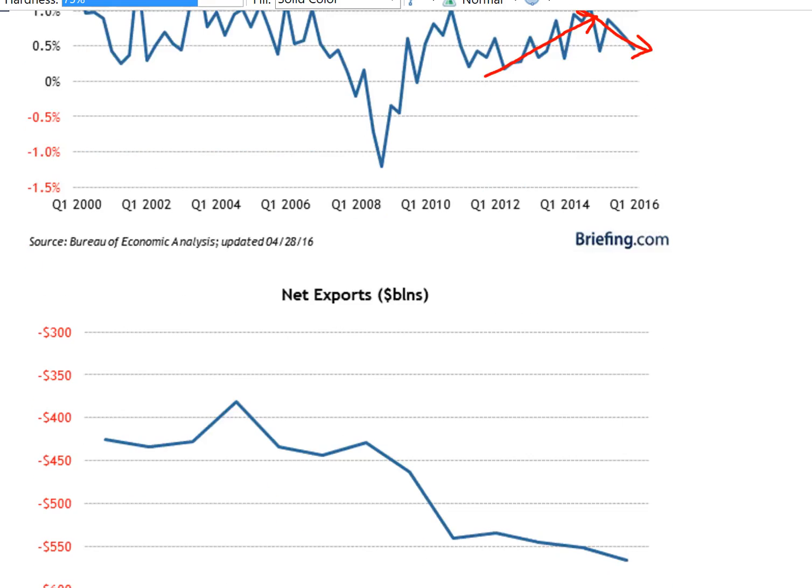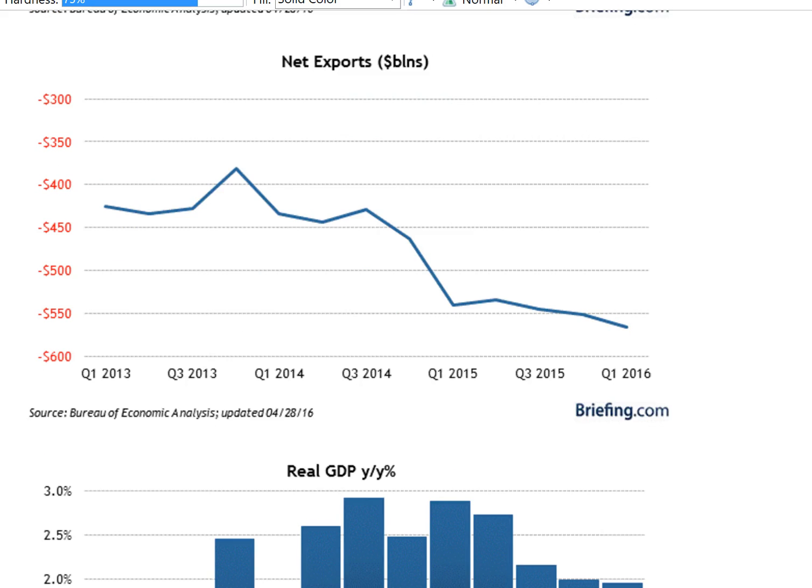Let's scroll down a little bit. Net exports. You can see net exports are in negative territory, because we're running a trade deficit, and that trade deficit is getting bigger. One of the reasons is the strong dollar. The dollar is appreciating against other currencies, which is making US exports more expensive.